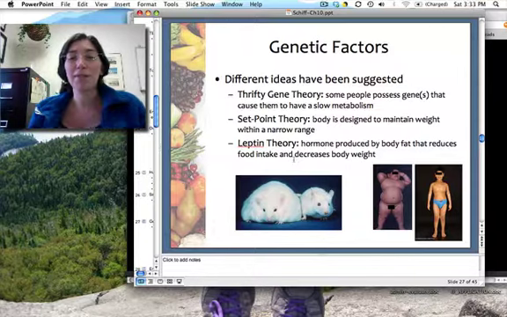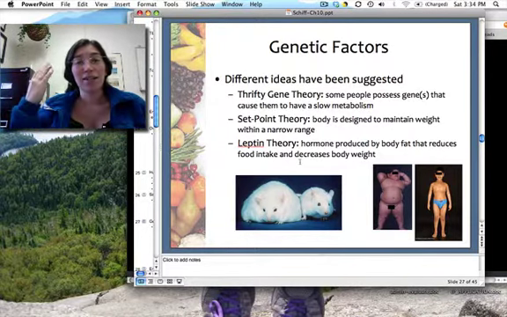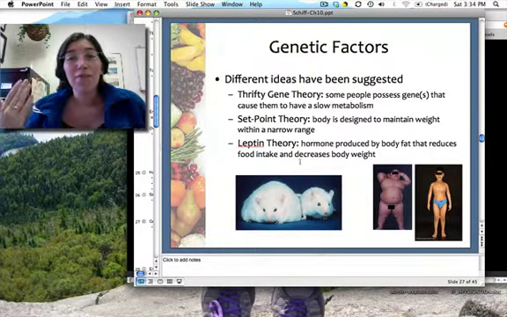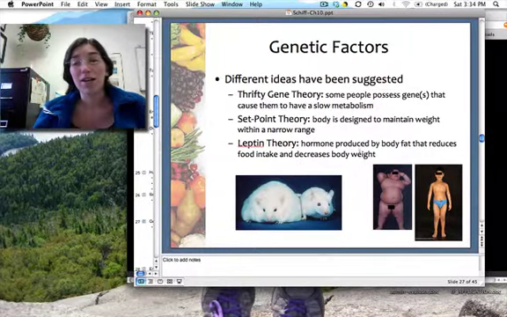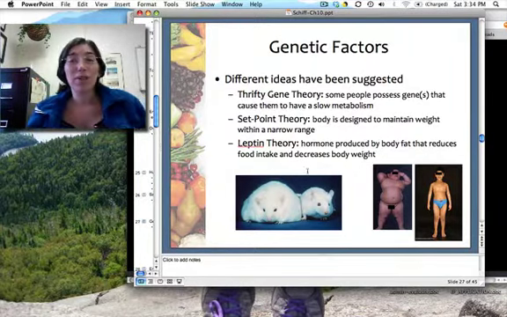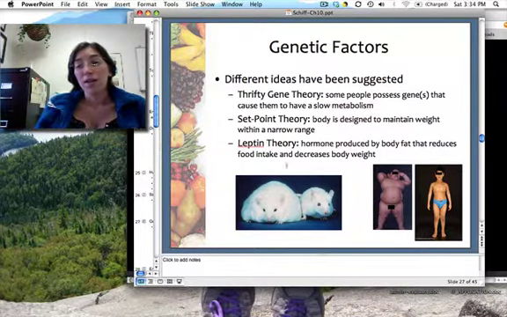I'm going to talk about the leptin theory first. Remember, leptin is produced by fat cells, and it gives us that feeling of satiety. So low leptin levels make you eat more, essentially. Leptin reduces food intake because it makes you feel full. So if you have low levels of leptin, then you want to eat more.